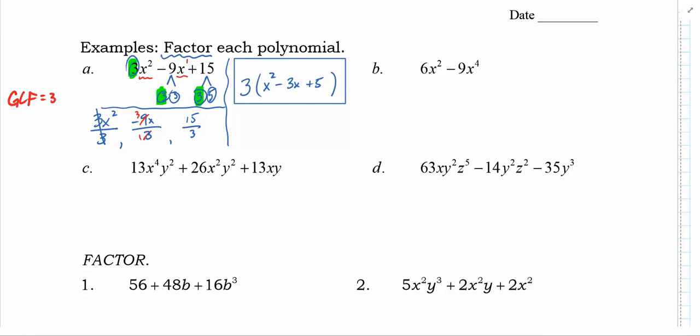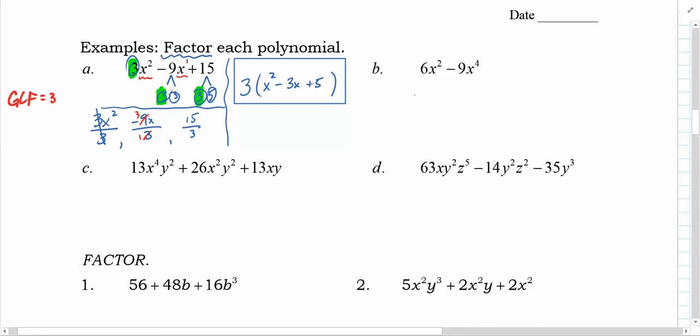Now, the more you practice with these, the faster you'll go, and you may not have to show all of this work here. For example, in part B, I recognize between the numbers 6 and 9, the GCF, the largest number, the GCF for number 6 and number 9 is 3. 3 is the biggest number that divides both of those.